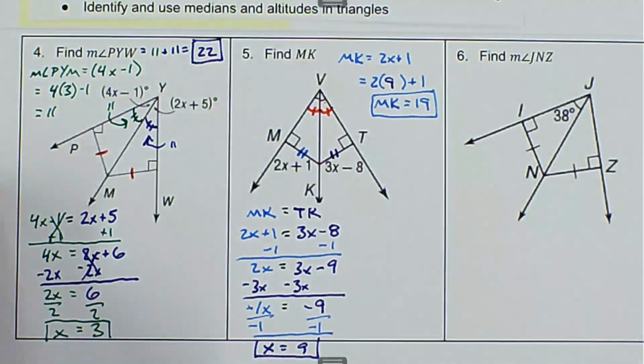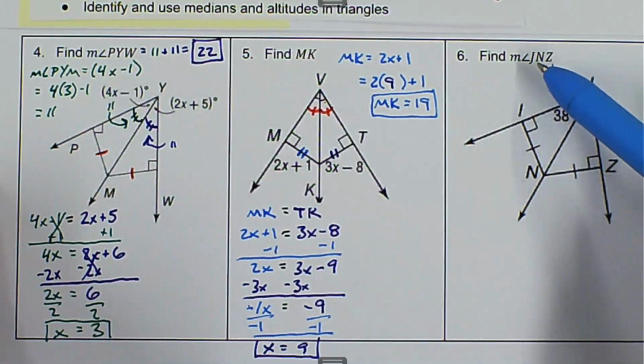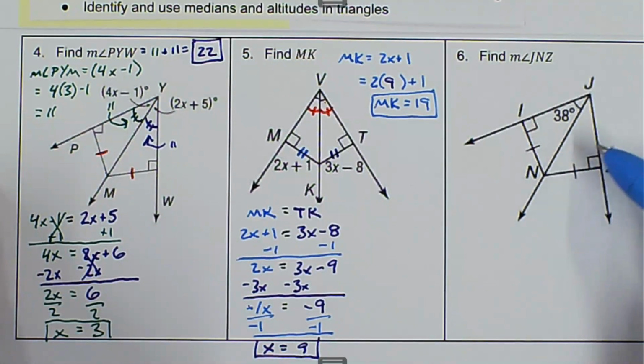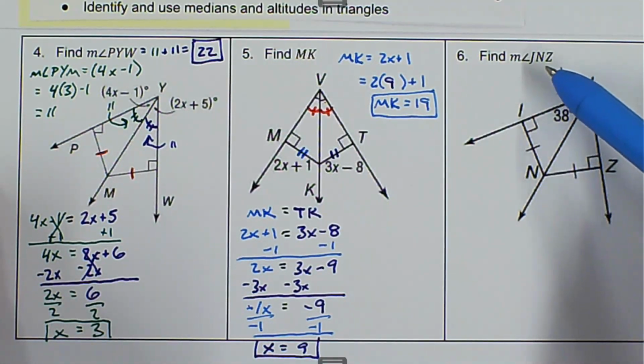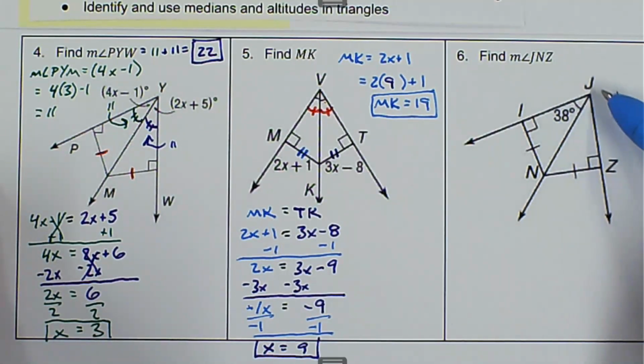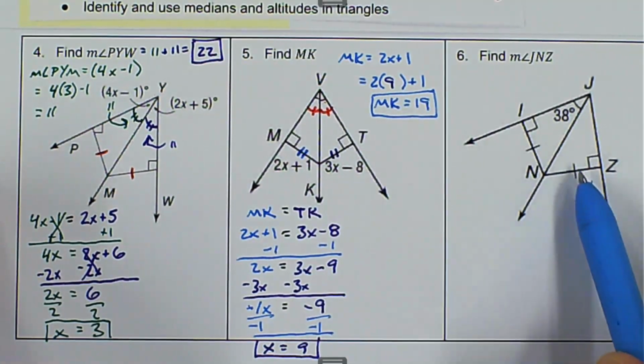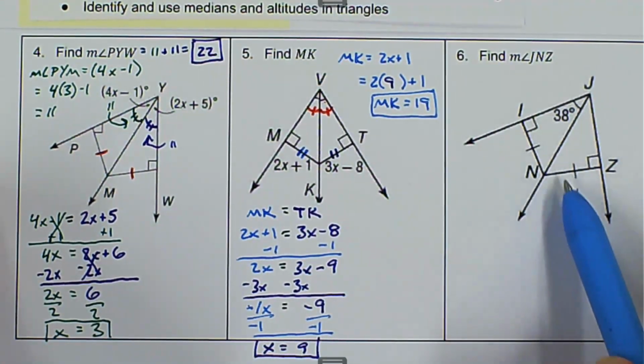And we have one more example here, and it says find J and Z. And this one we're going to have to use a couple theorems. We're going to have to use the converse of the angle bisector theorem because it shows us that these two distances are congruent.